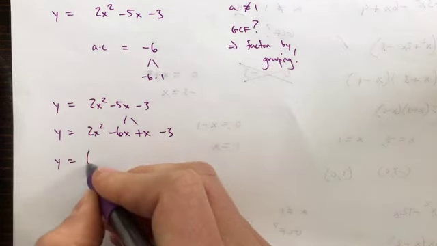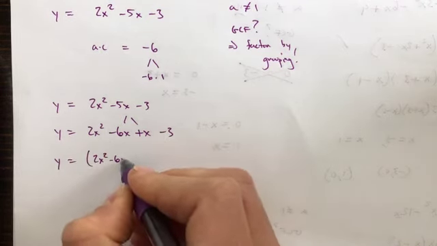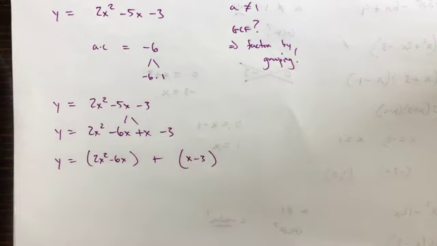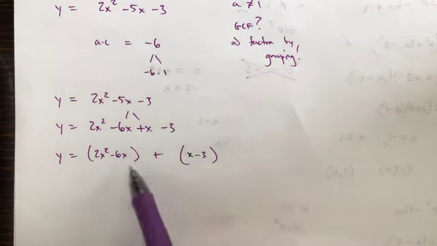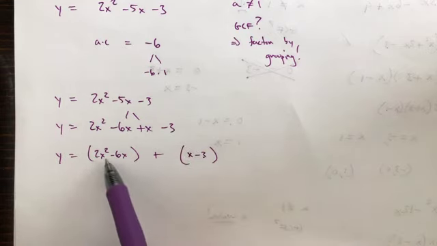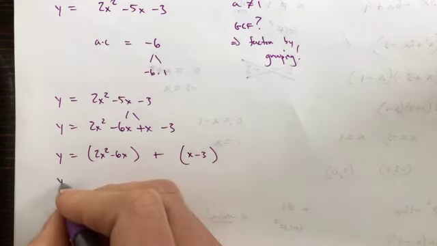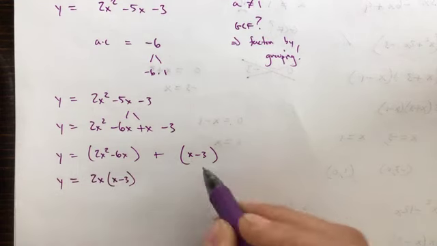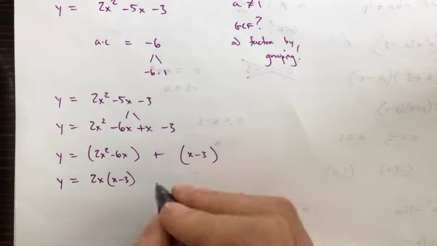So we are going to essentially group the first two and group the second two and pull a greatest common factor out of each. So what's the greatest common factor of 2x squared minus 6x? It is 2x, and what's left is x minus 3. What is the greatest common factor of x minus 3?